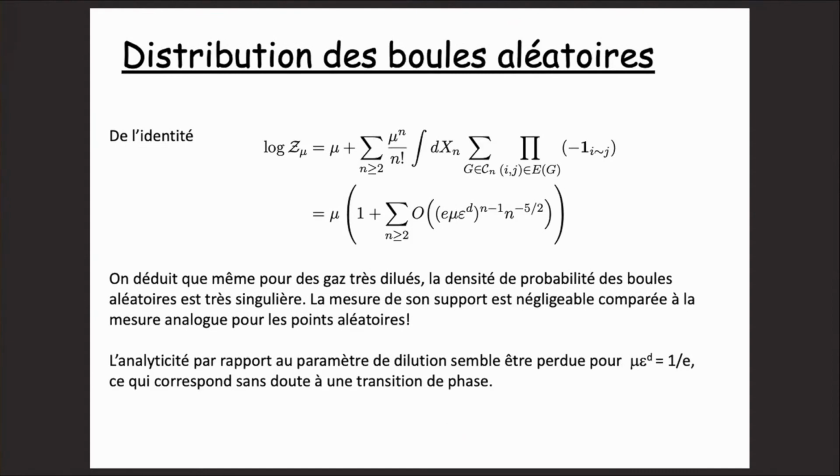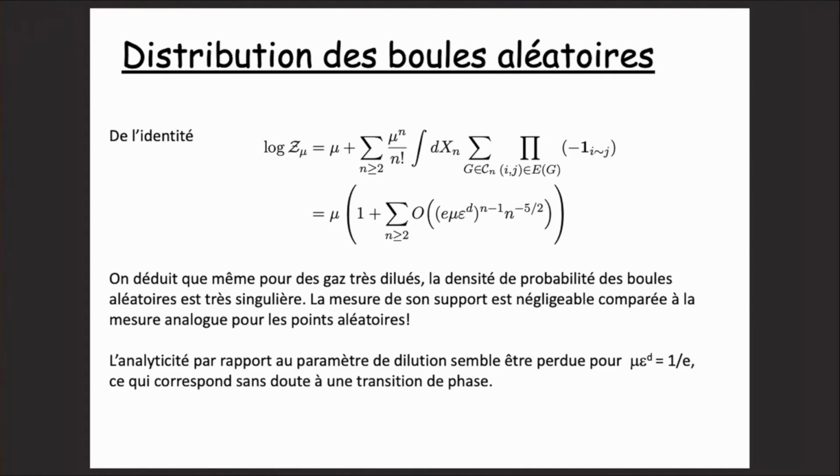Okay, so first of all, I have to conclude about this story of random balls. That was my question at the beginning. So now I have this log of the partition function. What I would like to know is whether it looks a bit like the log of the partition function for random points. I recall that for random points it's just minus mu. Maybe there is a minus missing somewhere, I guess.